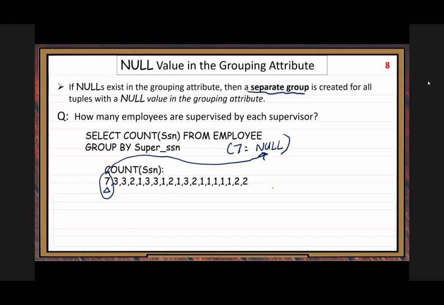So this one supervises 3 employees, right? Next one's 3, and so on. And some supervise only 1 employee, and so on. So here you can see the special way we use to handle the null value in grouping.